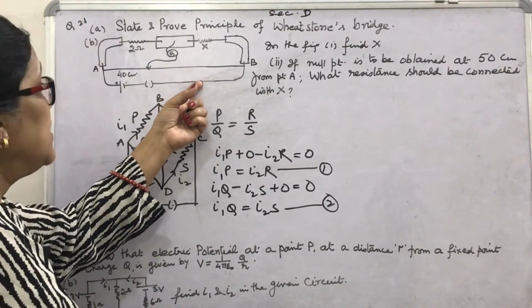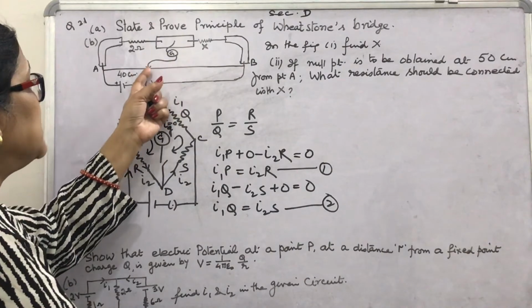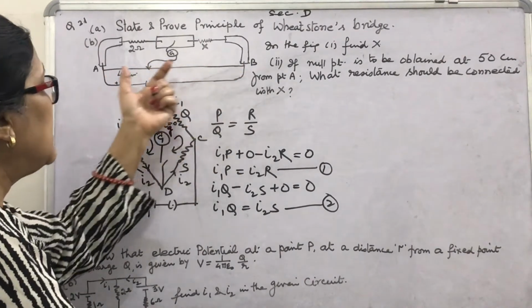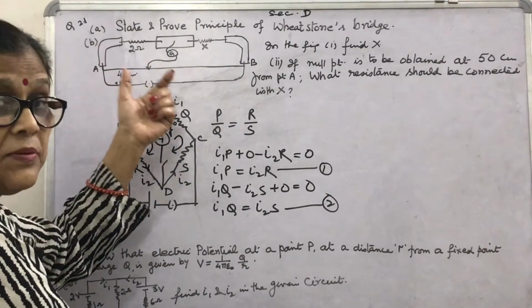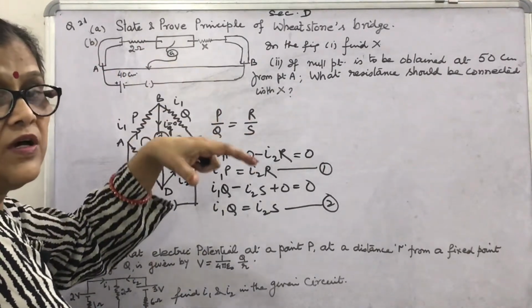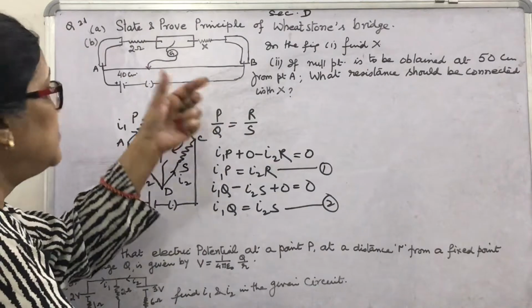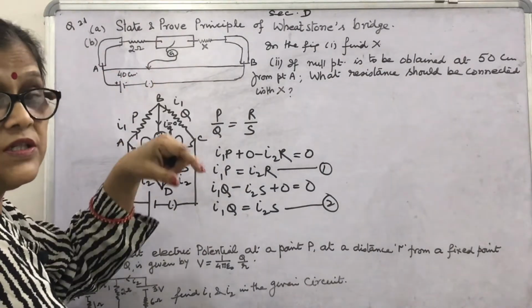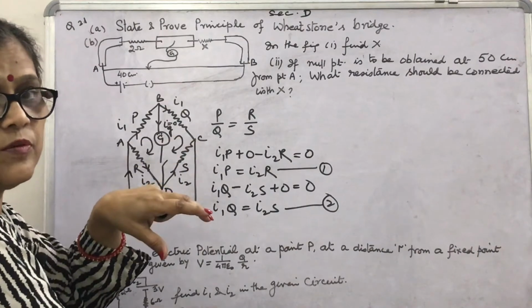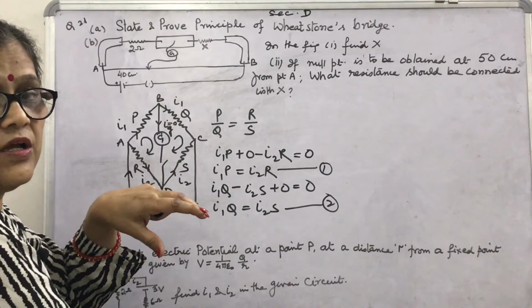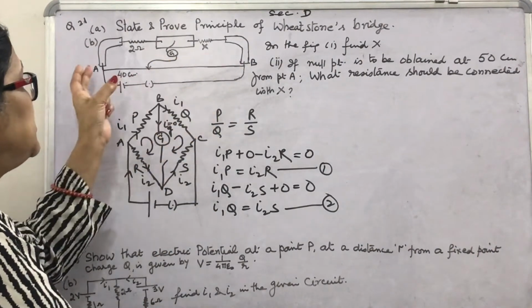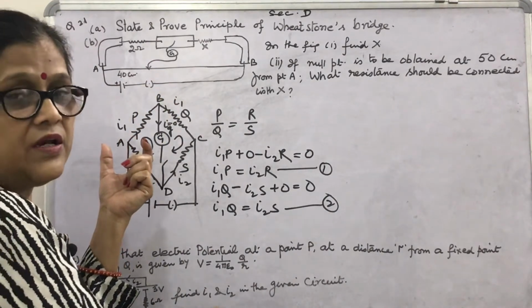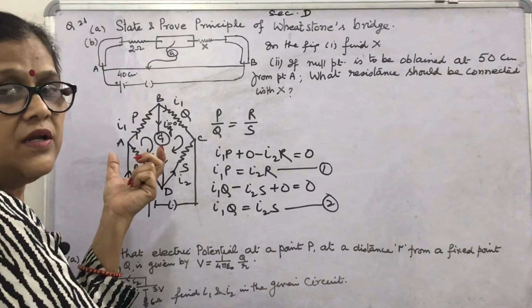Then a balanced point is obtained at a certain length of the wire, then the other length and this first length represent the ratio of the resistances. Although these are length ratios, they will be the ratio of the resistances because resistance is directly proportional to length. Then which wire is used in a meter bridge? That is a standard alloy, nichrome, Constantan or manganin.